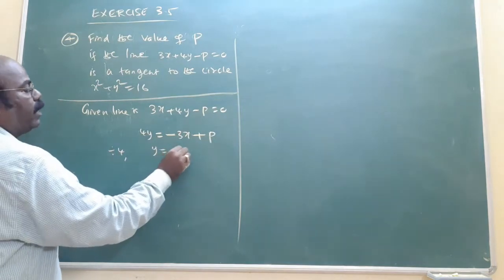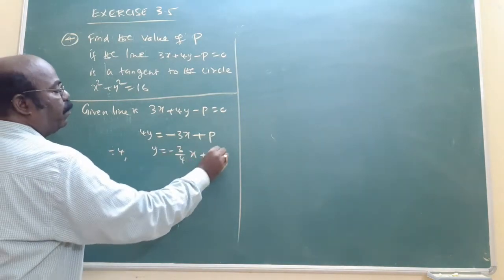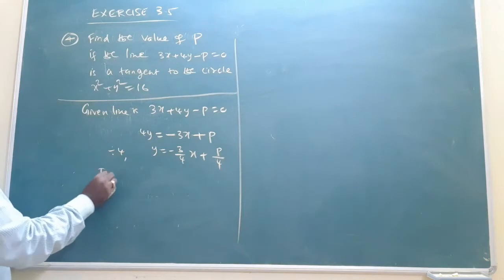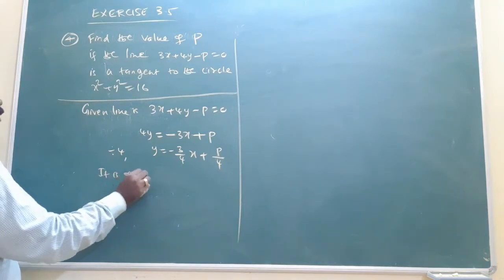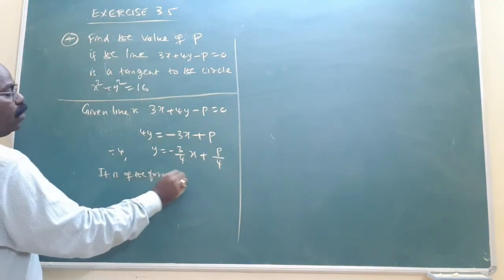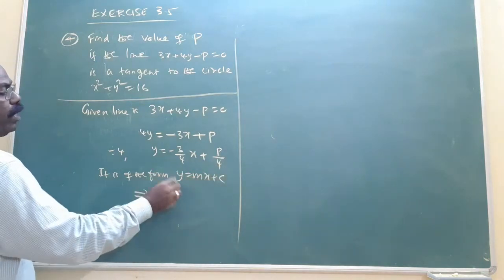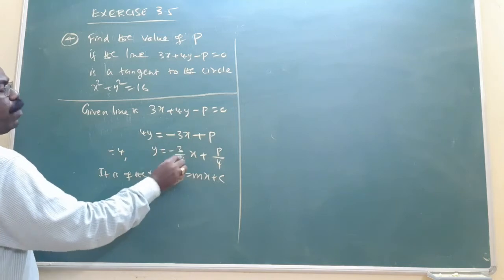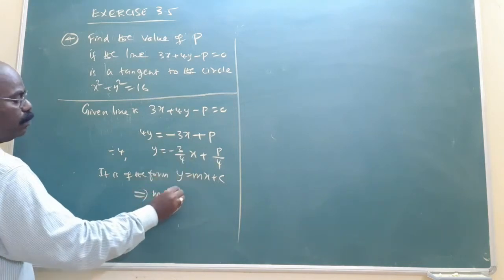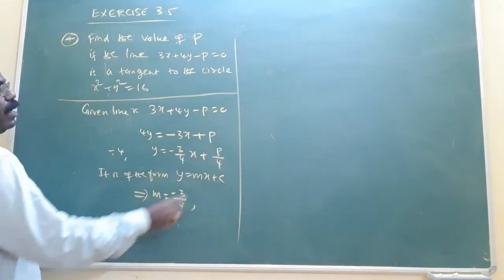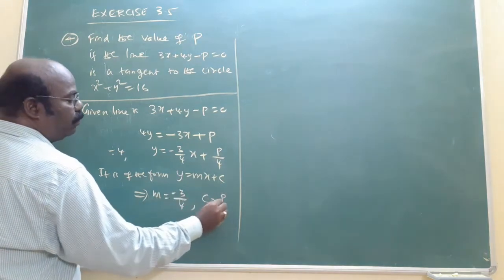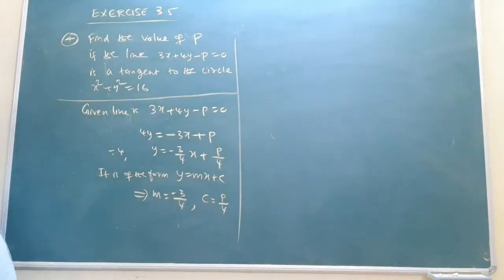Y equal to minus 3 by 4 x plus p by 4. Am I right? Now it is of the form y equal to mx plus c. Comparing, m equal to minus 3 by 4, and the last one is c, which is p by 4. Am I right? This is very important.